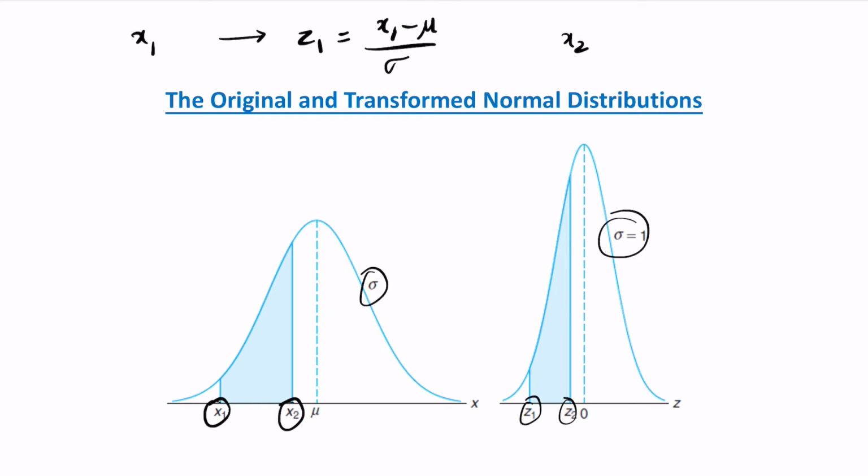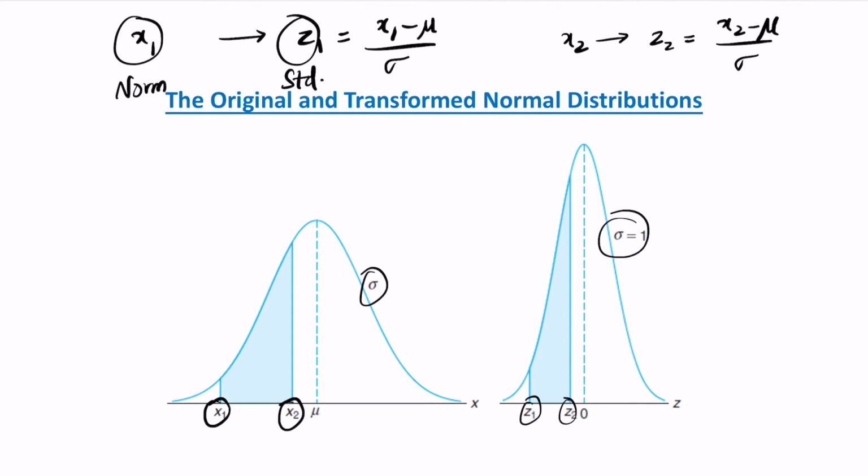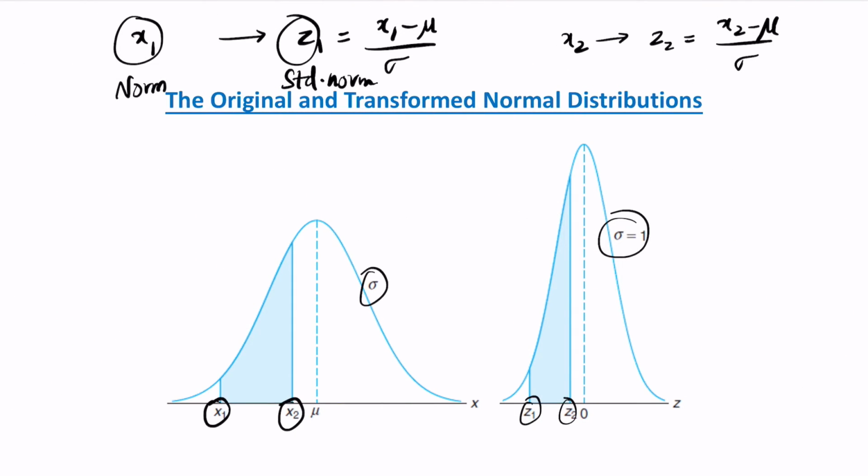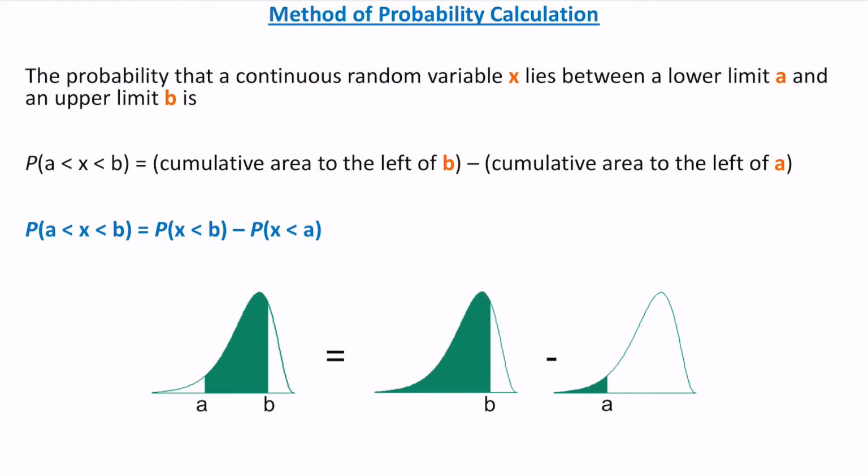In the same way, we take the x2 value and find z2, which is (x2 minus mu) divided by sigma. By converting x1 to z1, we are converting from a normal to a standard normal distribution. The reason we do this is because the standard normal distribution has a specific table which helps us find the probabilities much more easily.